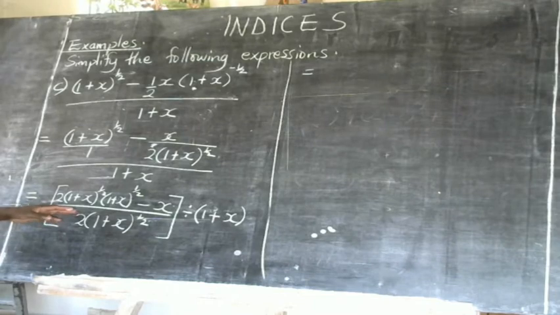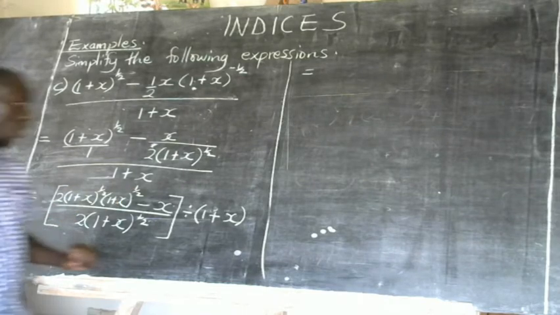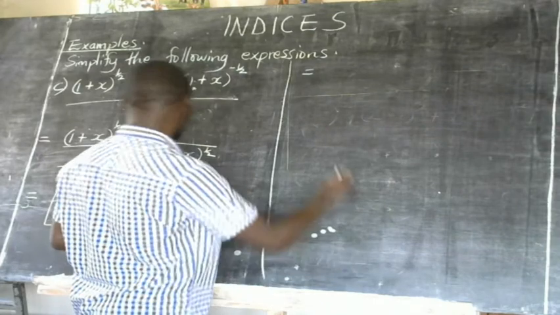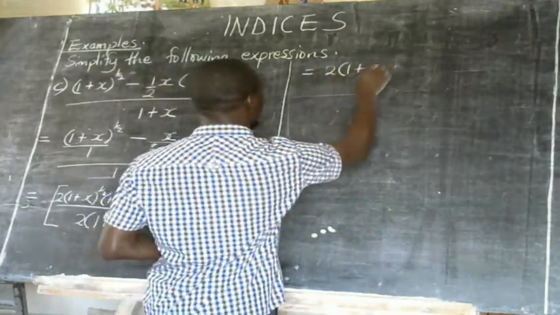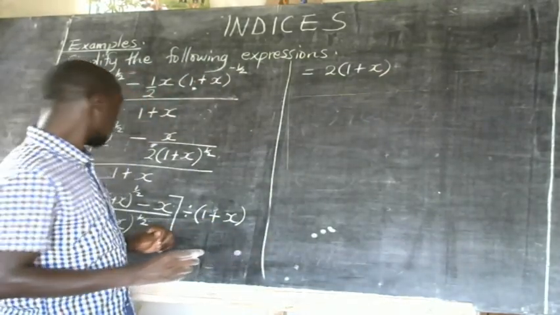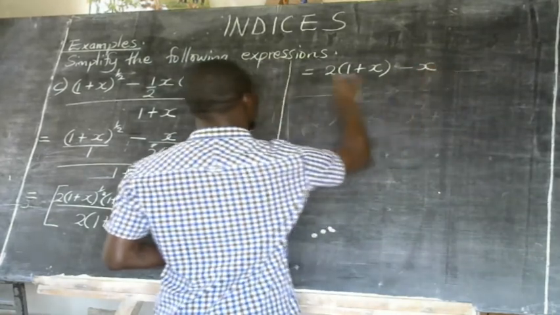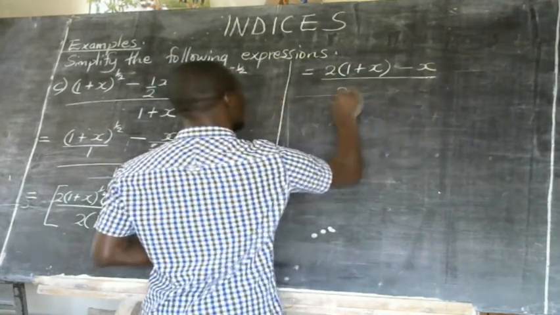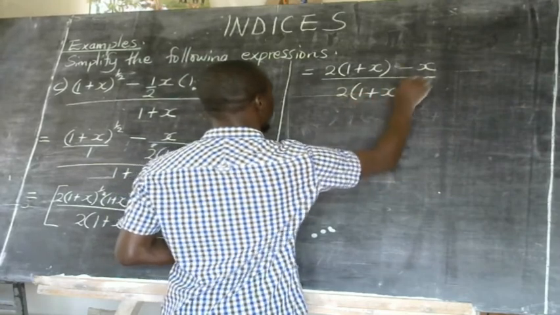Now, here multiplying numbers of the same base, you keep the base, then you add the powers. So a half plus a half, that one gives you a 1. So this becomes 2 into 1 plus x power 1, then minus the x there, then divide by 2 into 1 plus x, then power a half.